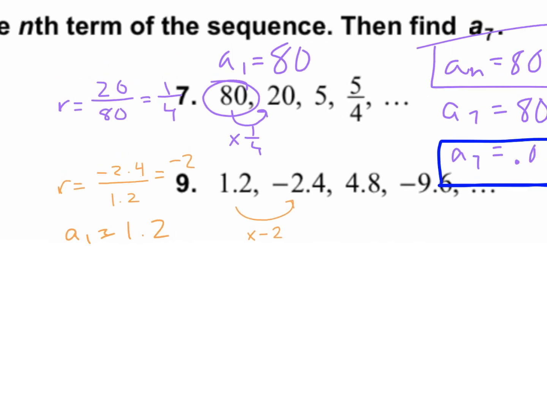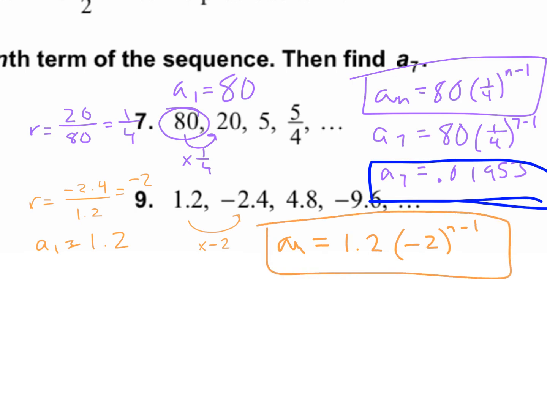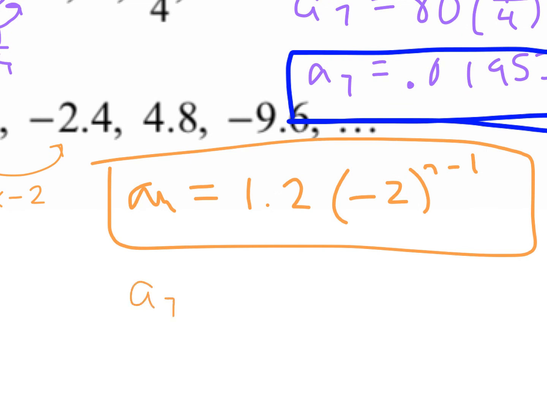1.2, the first term. So a sub n is equal to a sub 1, which is 1.2, times r to the power of n minus 1. This is our rule. It asks us for the 7th term, so what are we plugging in for n? 7. So 1.2 times -2 to the power of 7 minus 1.